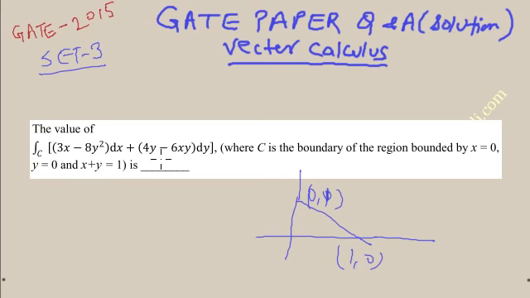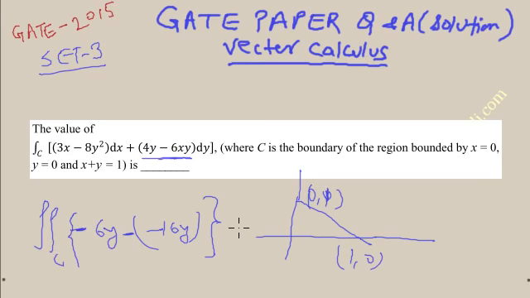If you remember Green's theorem, you can get the value as the double integration over this region: first differentiate with respect to x, you will get minus 6y, and minus the differentiation with respect to y, this is minus 16y, and then perform dx dy.